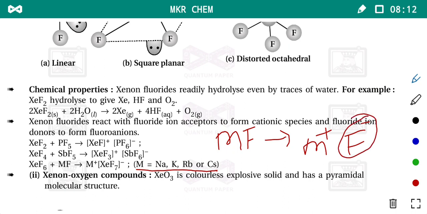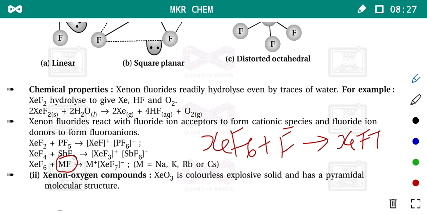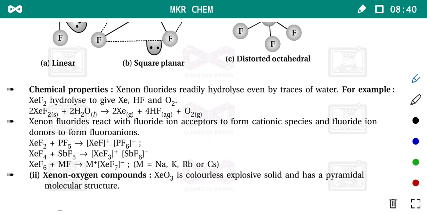This F minus is accepted by XeF6. XeF6 accepts this fluoride ion released from the metal fluoride and is converted into XeF7 minus. So here is the metal plus and XeF7 minus. All three are complex compounds. It is a very easy property.